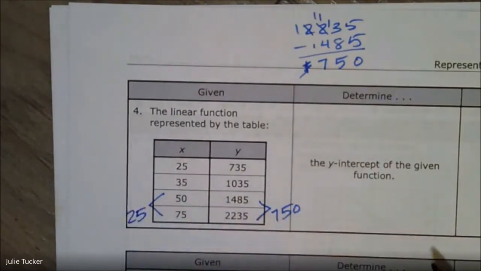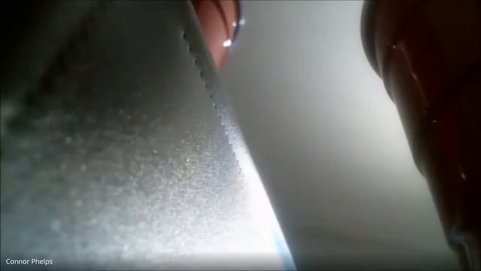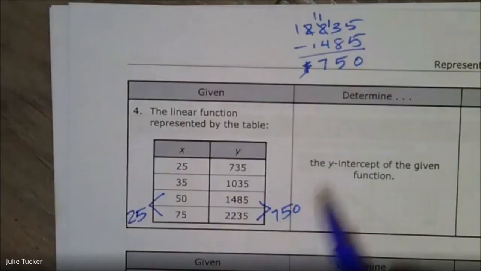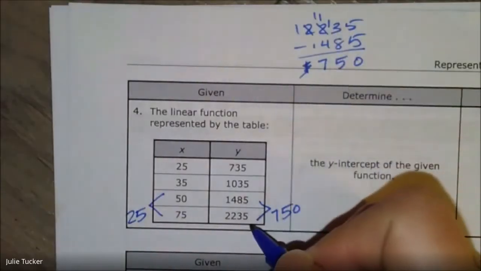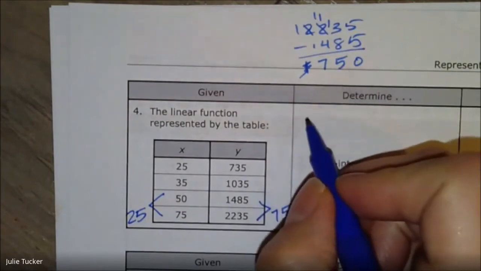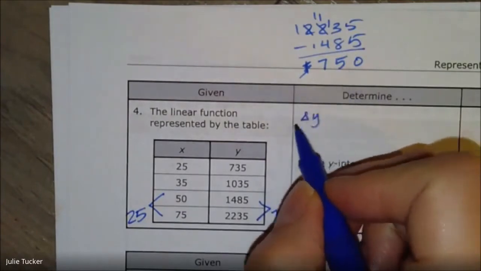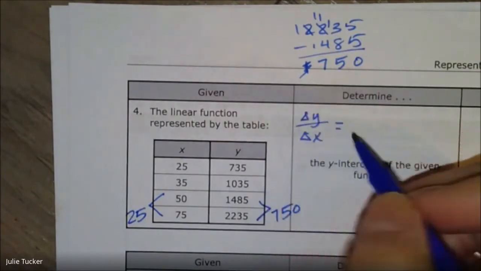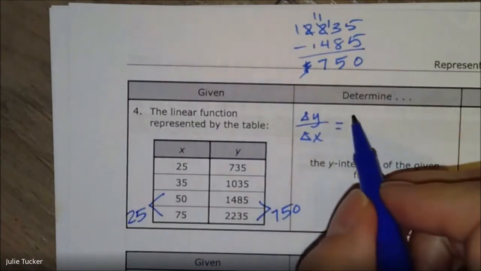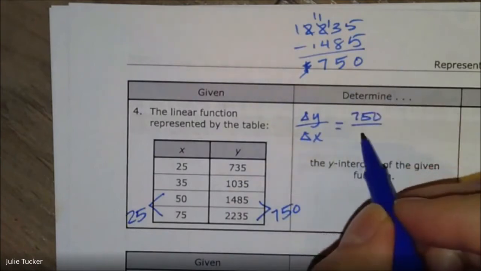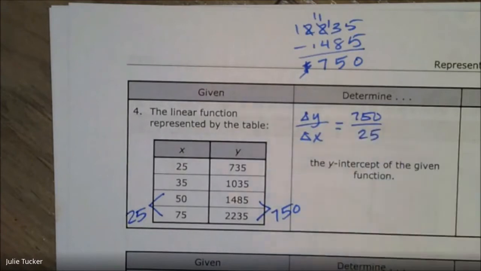So do you remember what to do now? This is finding slope. So slope is like this minus this is your change in y over change in x. So we put 750 here and 25 there.